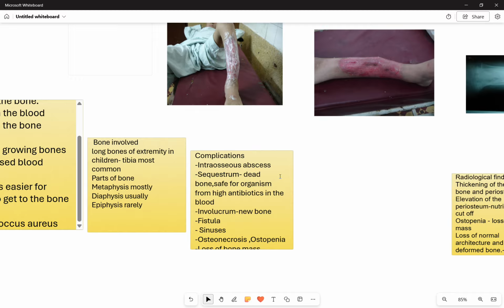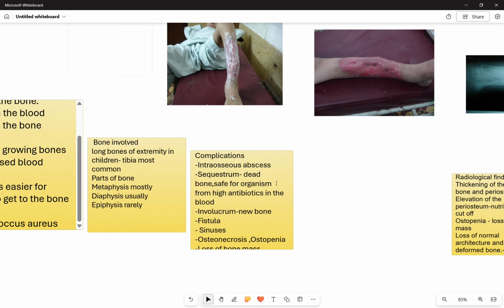And once the sequestrum forms, it becomes a safe place for the organisms to hide from high antibiotic levels in the blood. The dead bone can contain a lot of bacteria, which are safe from the antibiotics in the blood because blood cannot reach.